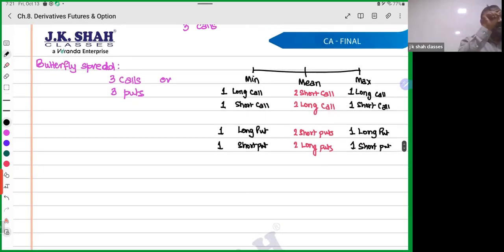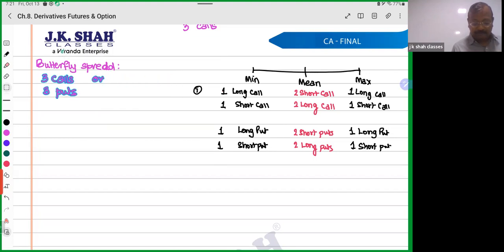Now, wait. The name of this spread arises from what you do at the wing tips. Meaning, look at the first one. What have you done at the wing tips? Long call, right? Therefore, this is called a long call butterfly spread.